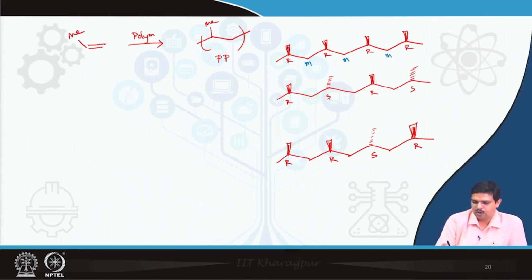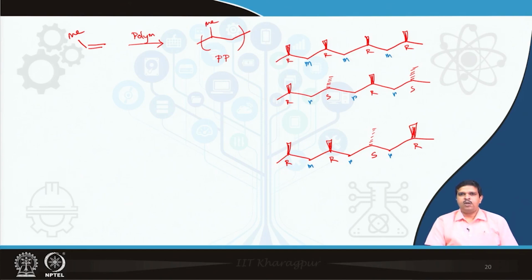So, this stereocenter is based on the RS descriptor, and this CH2 is the small r, racemic. This r means racemic. So, this is r, this is r, this is r. And here, according to this convention, for the CH2, this will be m, this will be r, and this will be r. Is it clear?